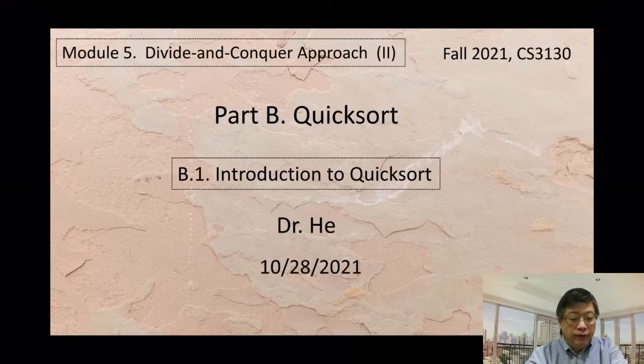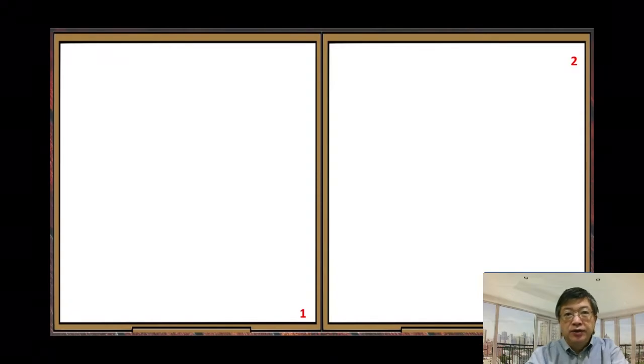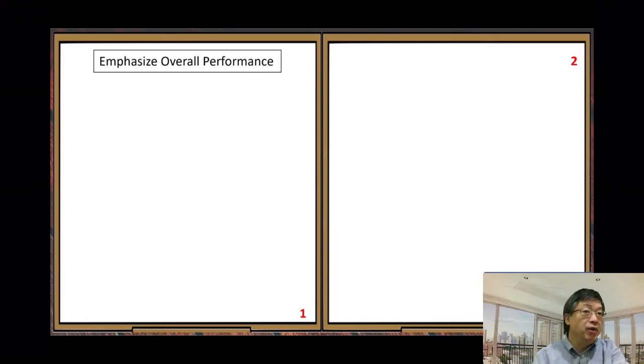All right, so first, let us look at why we need to develop a new sorting algorithm. The emphasis for this new sorting algorithm is that we want to have a very good overall performance.